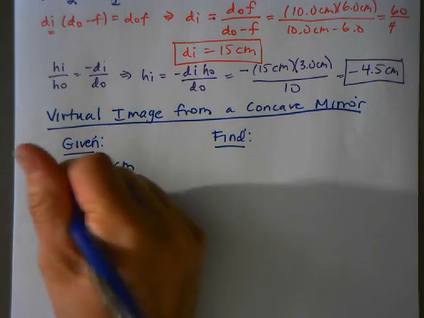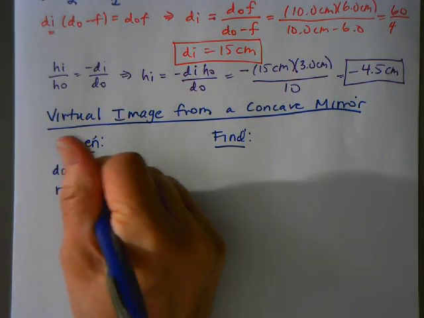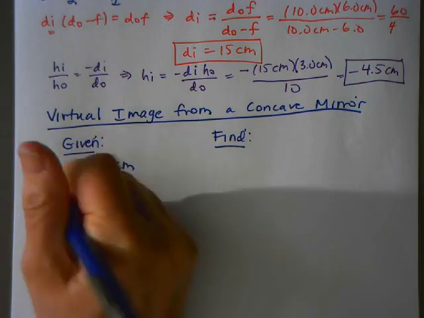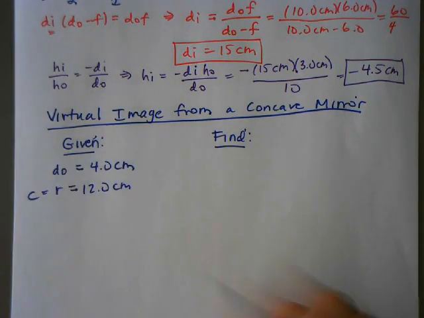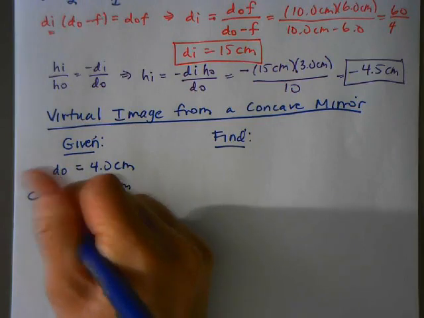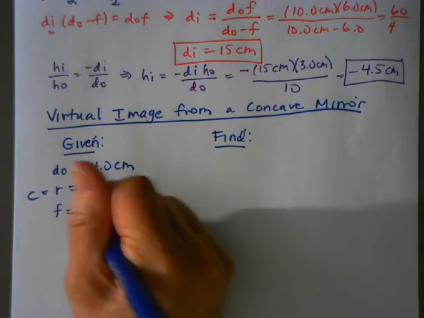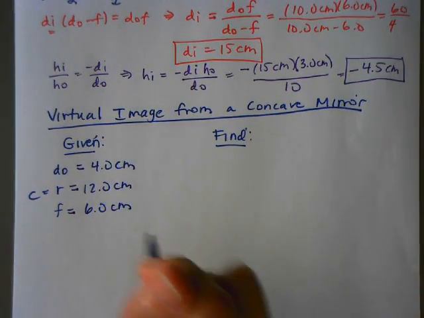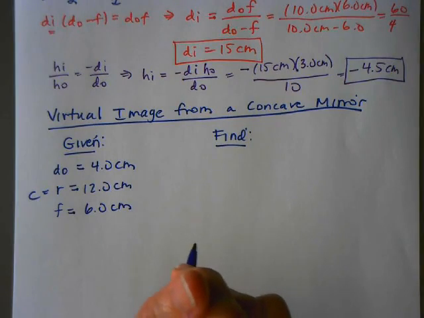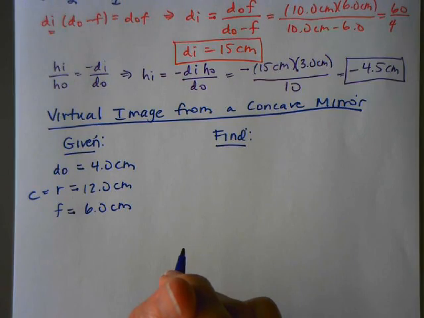So if this is 12 centimeters, and I can call this R, sometimes people call it C for the center of curvature, but that means that the focal length is half that, so that's going to be 6. Locate the image. So that means I want to find DI.